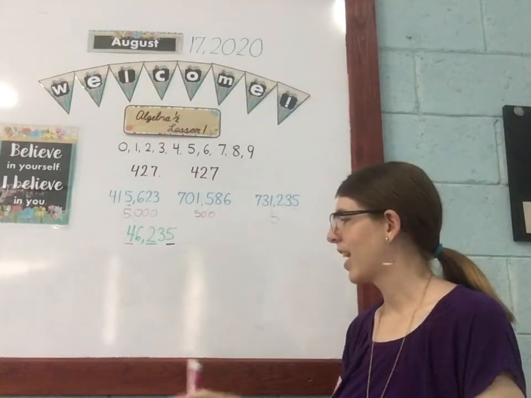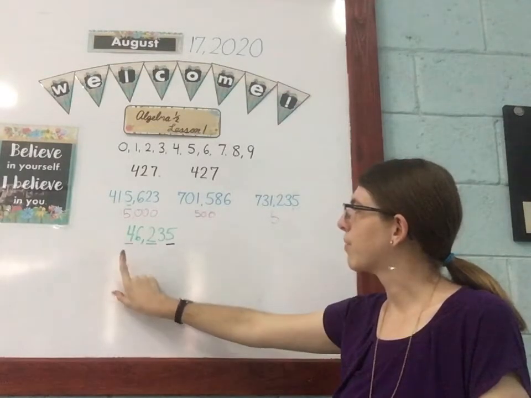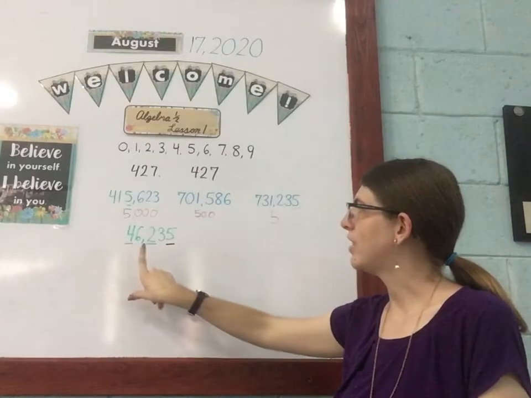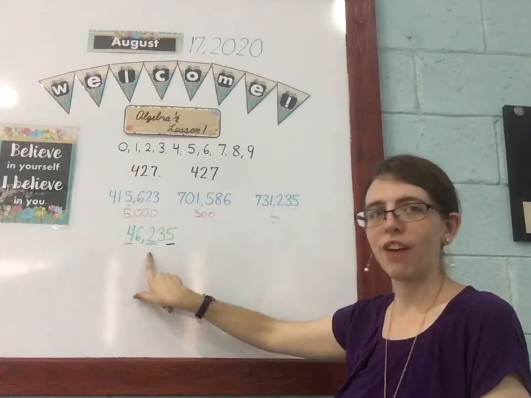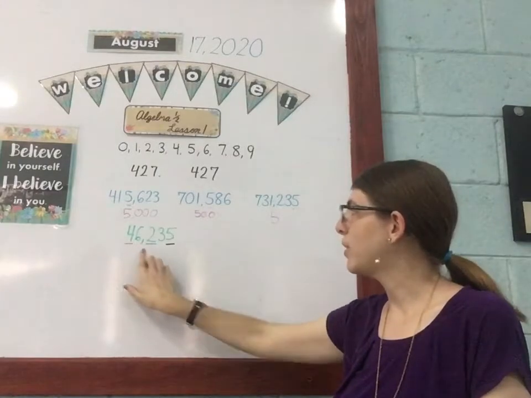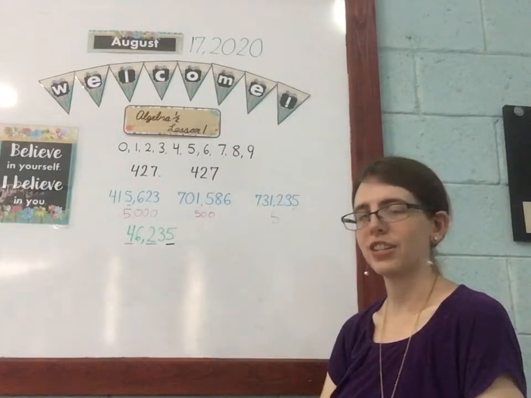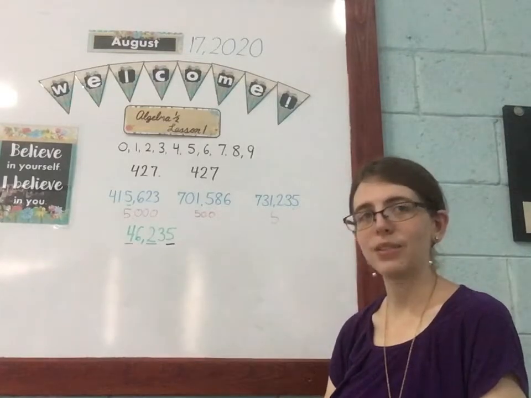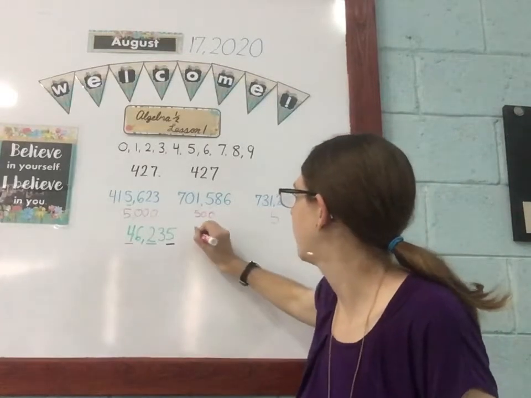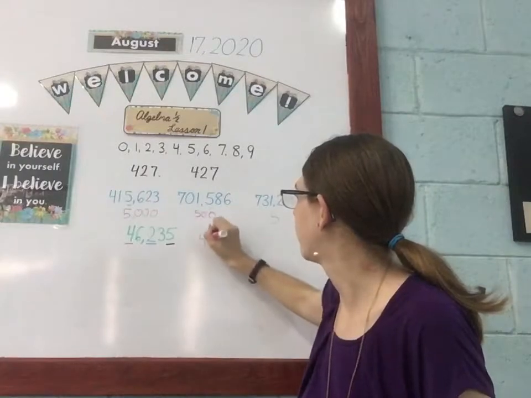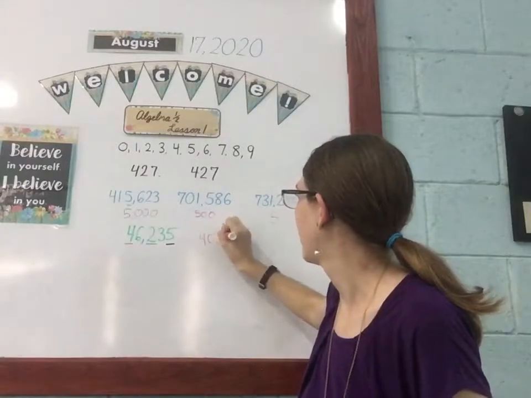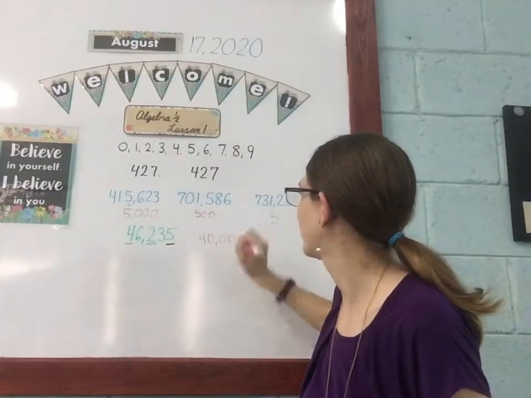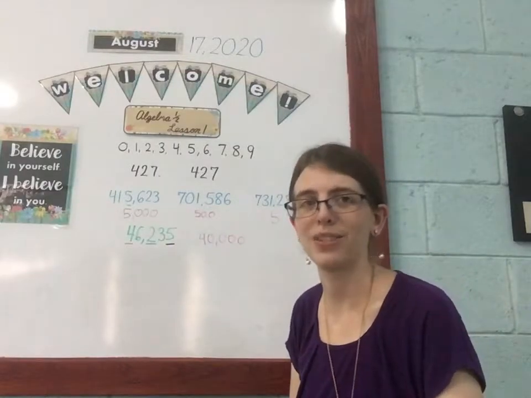Okay, look at this number here, 46,235. I want to know the value of each of my underlined digits. Well, the value of 4 is in the 10,000s place. So its value is 4 in the 10,000, and then zeros for the rest of those places, 40,000.